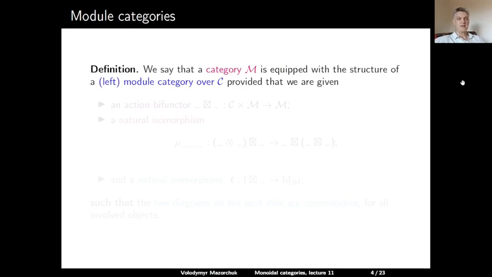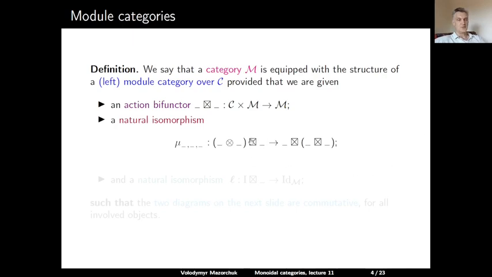So we say that a category M is equipped with the structure of a left module category over C, provided that we are given the following data. First of all, we have the action bifunctor, which we denote by V times box, and this is a bifunctor from C times M to M. We have a natural isomorphism mu, which goes as follows.